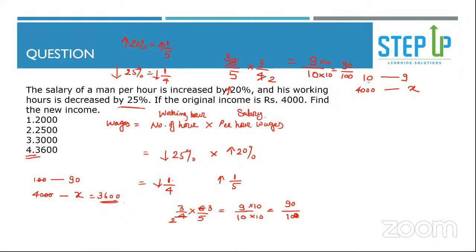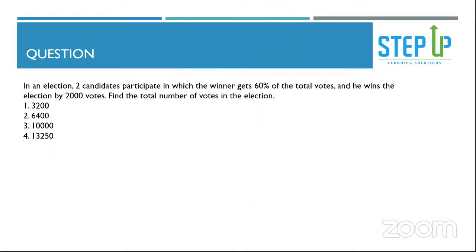Is that clear now? Binay, the answer is 3,600. It's logically also correct. If 100 is becoming 90, then 4,000 will also reduce by 10%. Is that clear, Wonder? Can you please reply quickly so that I can move on? Thank you. All right, fine.